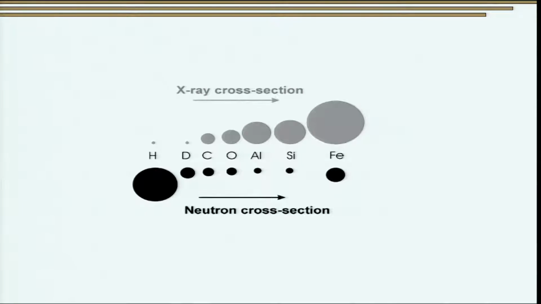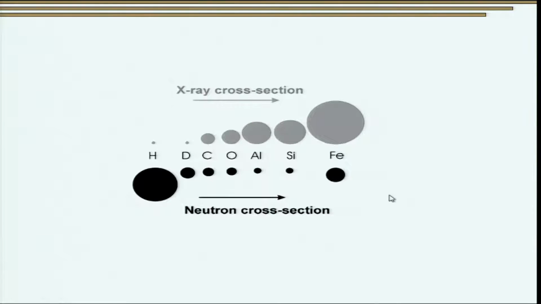Having said that, it's not like X-rays are good and neutrons are bad. In fact, these two techniques are completely complementary to each other, and this particular slide encompasses the basic complementary nature of both techniques. So, look at different elements. We have shown different elements over here, and see how the neutron cross section and the X-ray cross section vary.